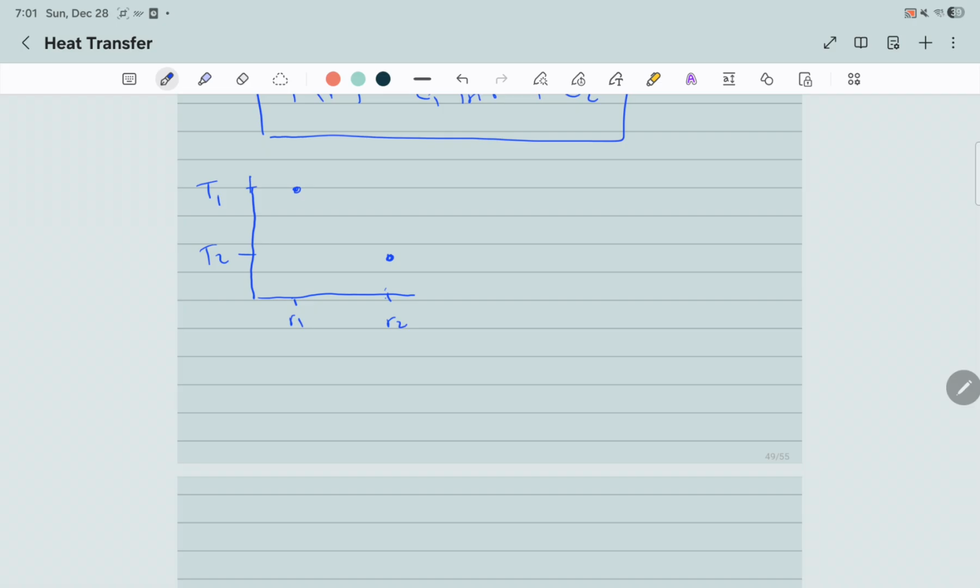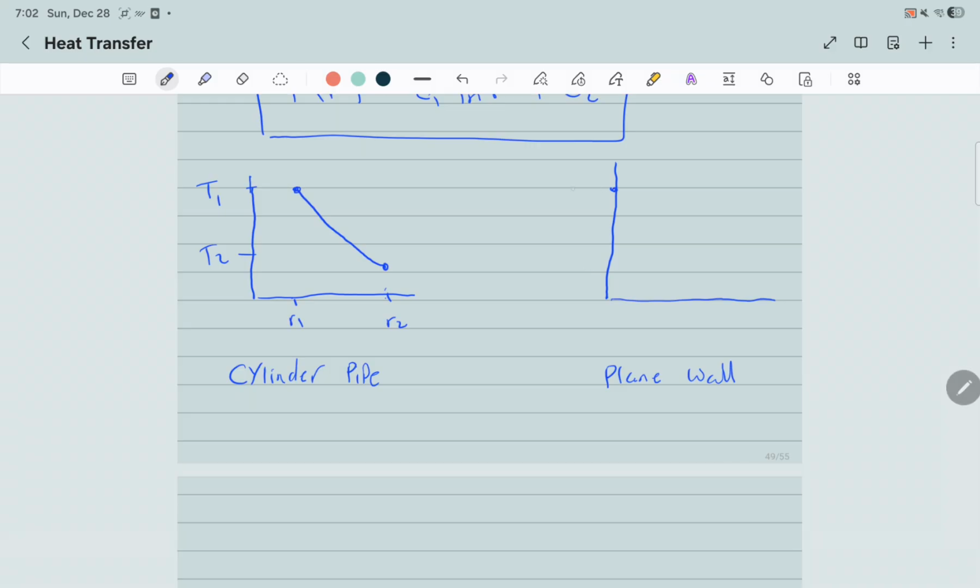Okay. The temperature distribution is logarithmic, like that. That is for the cylinder pipe. Whereas the plane wall was linear, if you remember from chapter 1 and also the beginning of chapter 2.